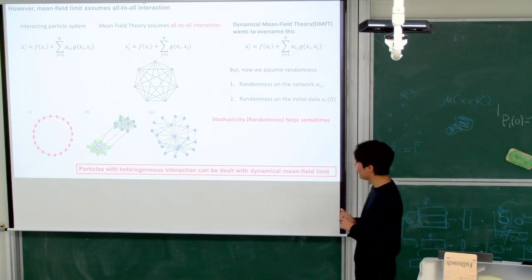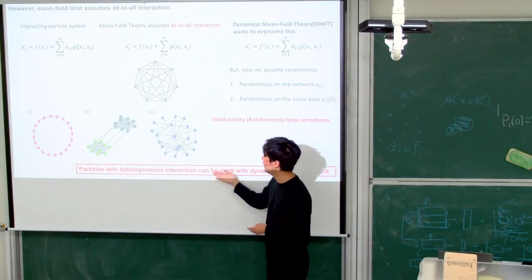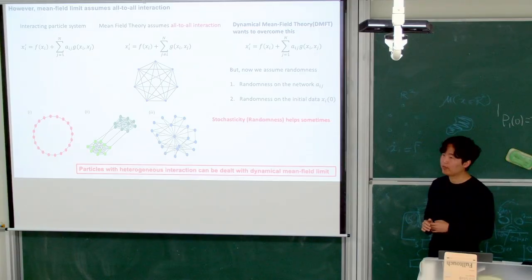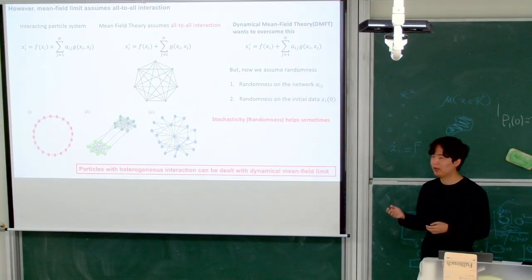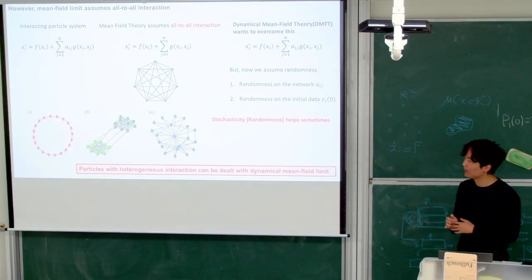So if you add the word dynamical, then maybe you can deal with heterogeneous interaction. The randomness means the network randomly changes, not according to time. So the network is a random variable. So maybe we describe some expected dynamics with some randomness.